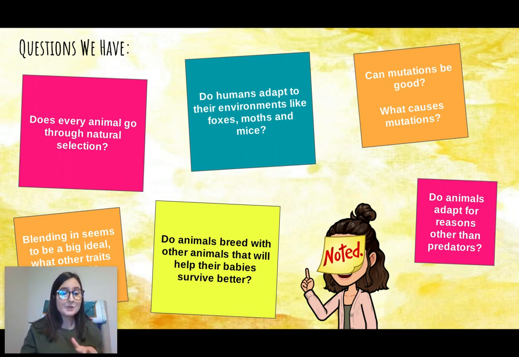So here were some questions that stood out to me that you guys brainstormed yesterday. A big one was, does every animal go through natural selection? Is this something that happens to all animals in the wild? I want you to think about other animals you've seen in the wild or elsewhere and think, do you think that animal may have at one point gone through this process of natural selection?